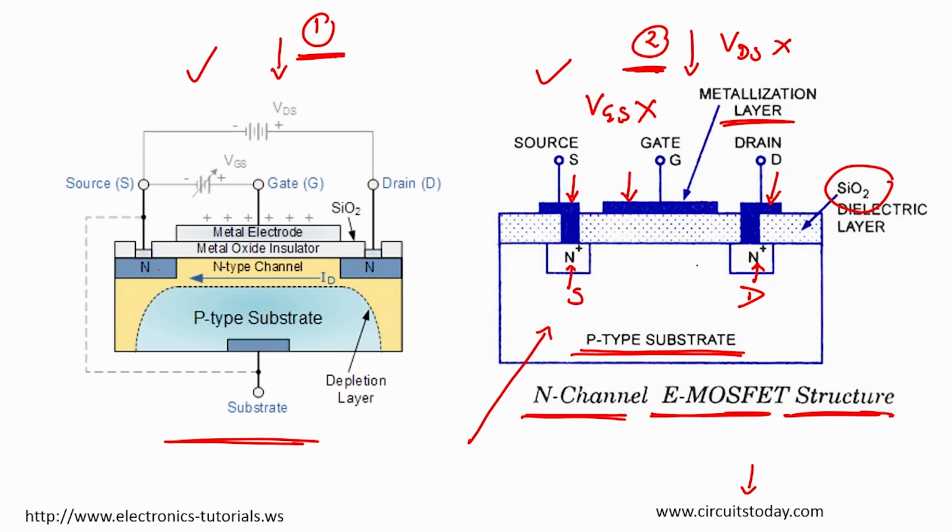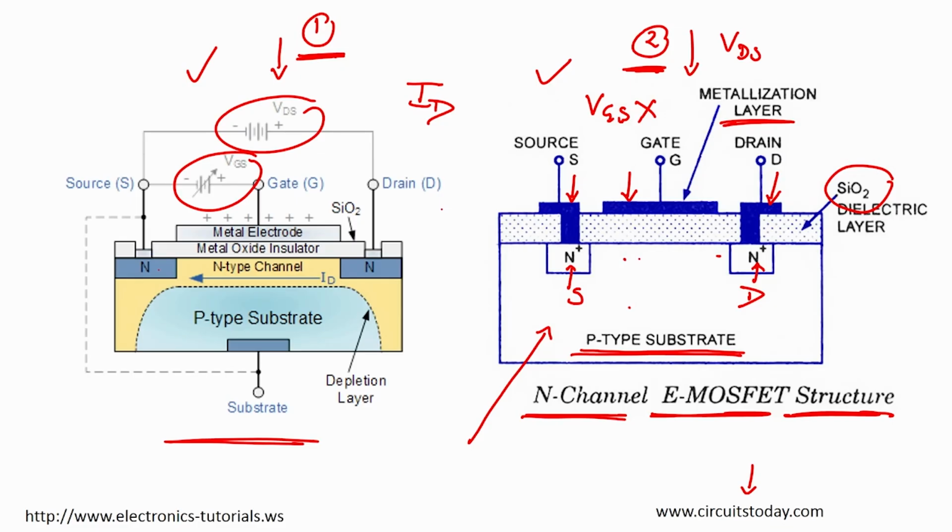If I just apply VDS, then only very few minority carriers can flow. But until you apply VGS and VDS both, you will not see any change in the drain current ID. We will also see the relation between VGS and ID, VDS and ID, draw the characteristics, and derive everything.